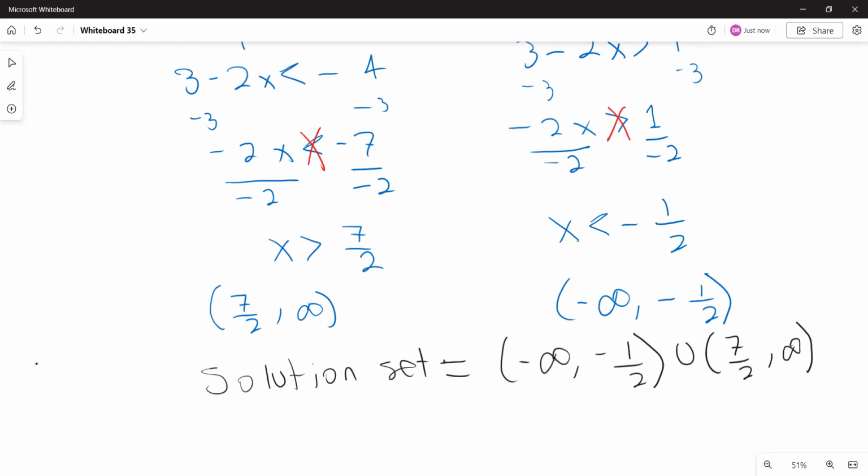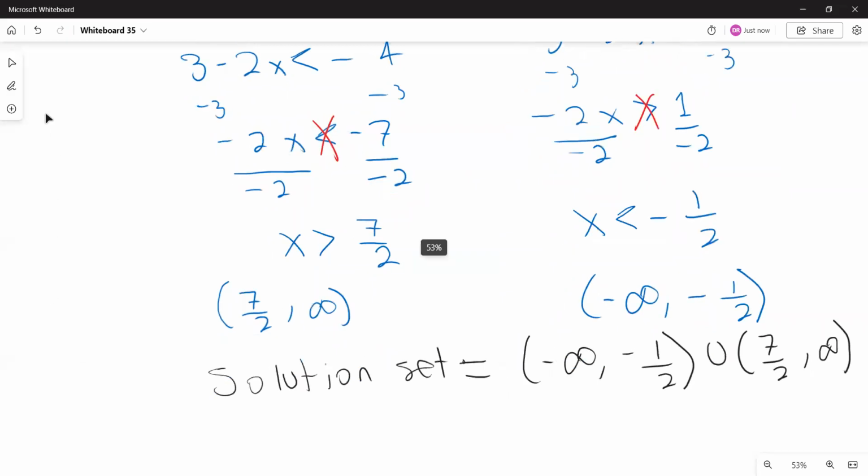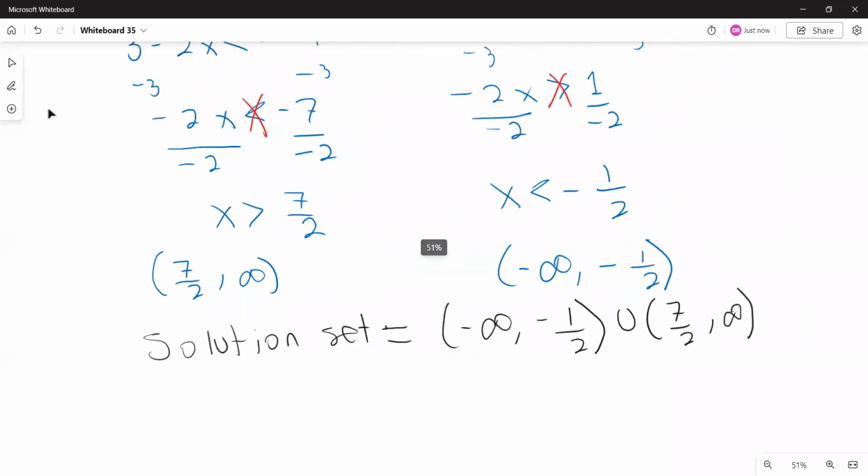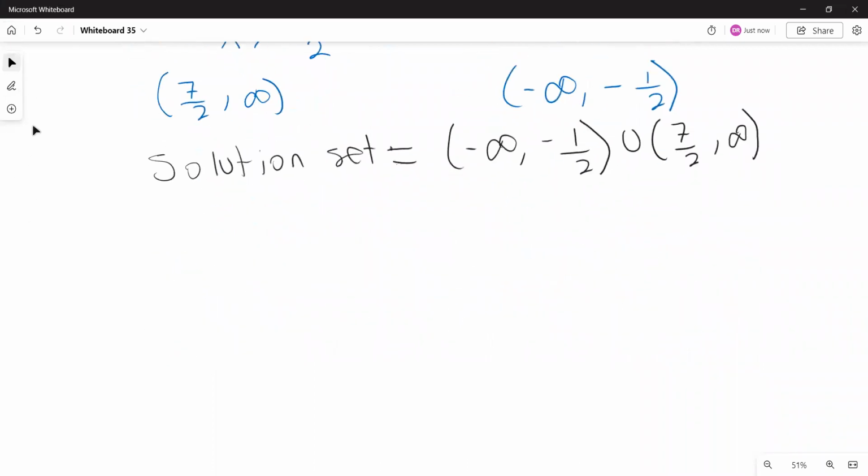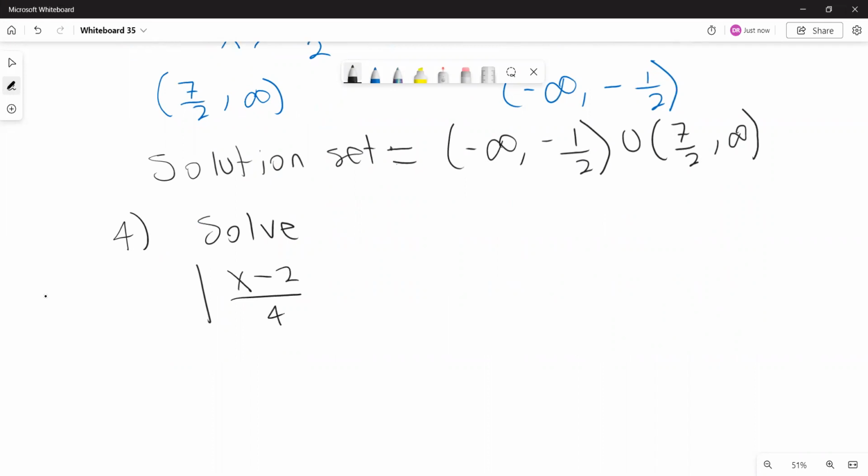In number 4, we are going to solve the absolute value of (x minus 2) over 4 less than or equal to 1.